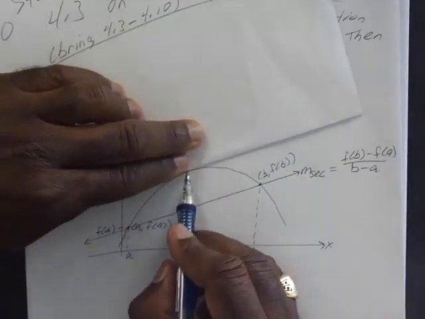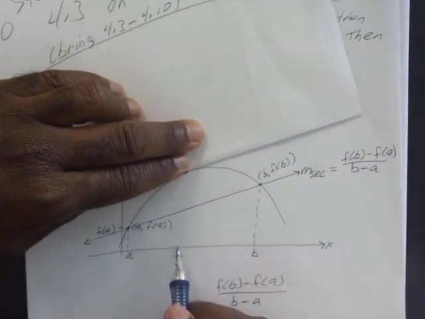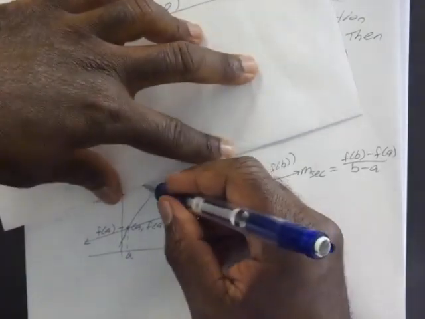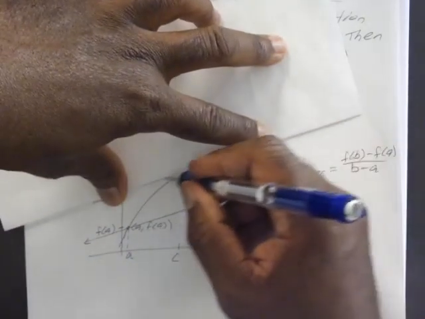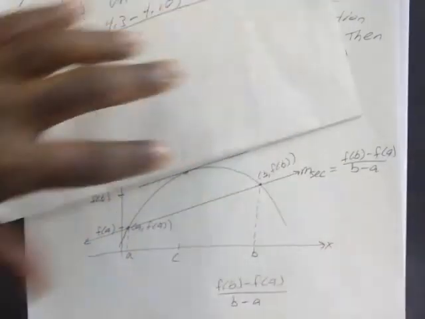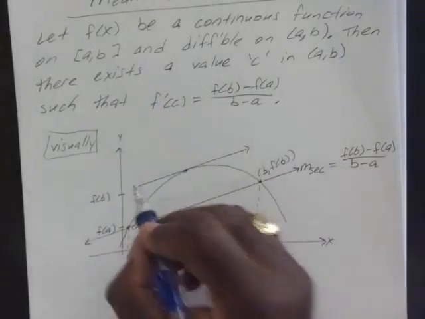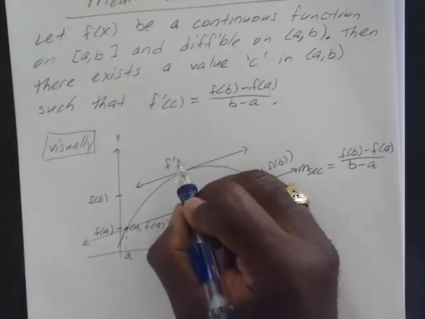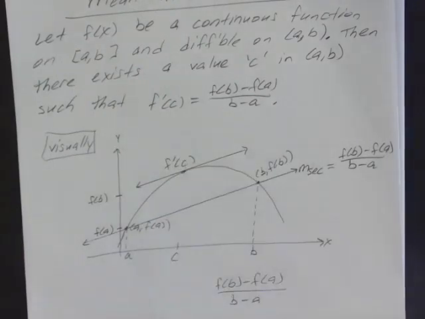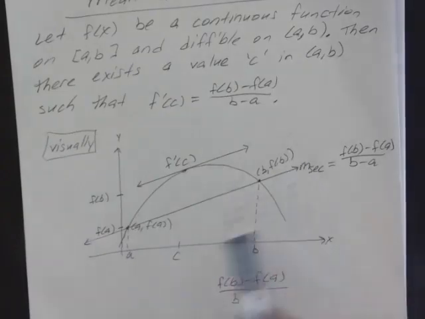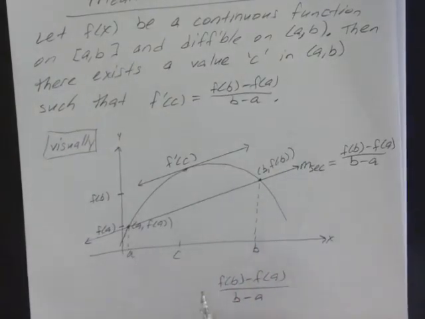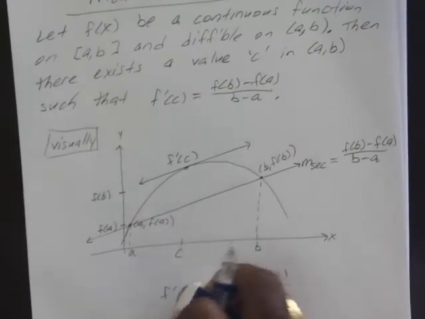So we'll call that point point C. And if we draw our slope at that point, that's our f prime of C. So that means f prime of C and your slope of the secant line have the exact same value.